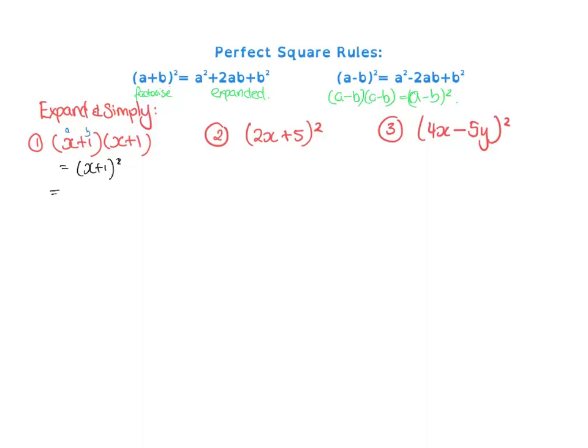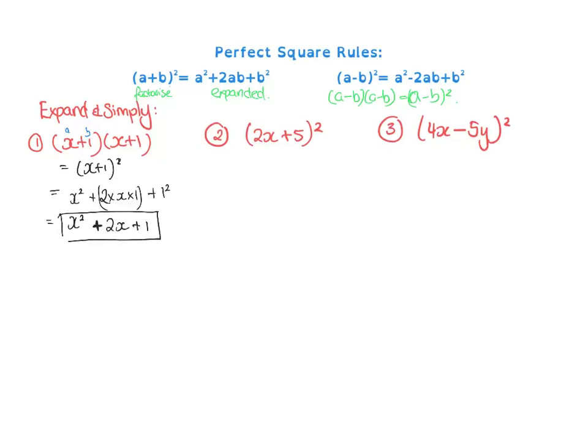If I follow the pattern, we square the first term, then we do plus 2 times x times 1, that'll be the middle bit, and then we go plus 1 squared. So if you tidy that up, x squared is x squared, then in here we've got plus 2x, and 1 squared is 1. So we can expand it out quicker.